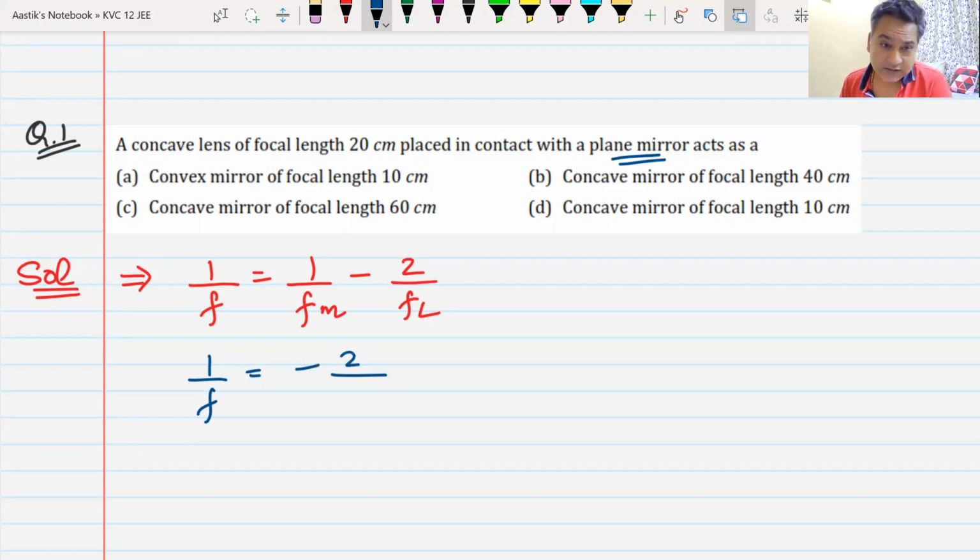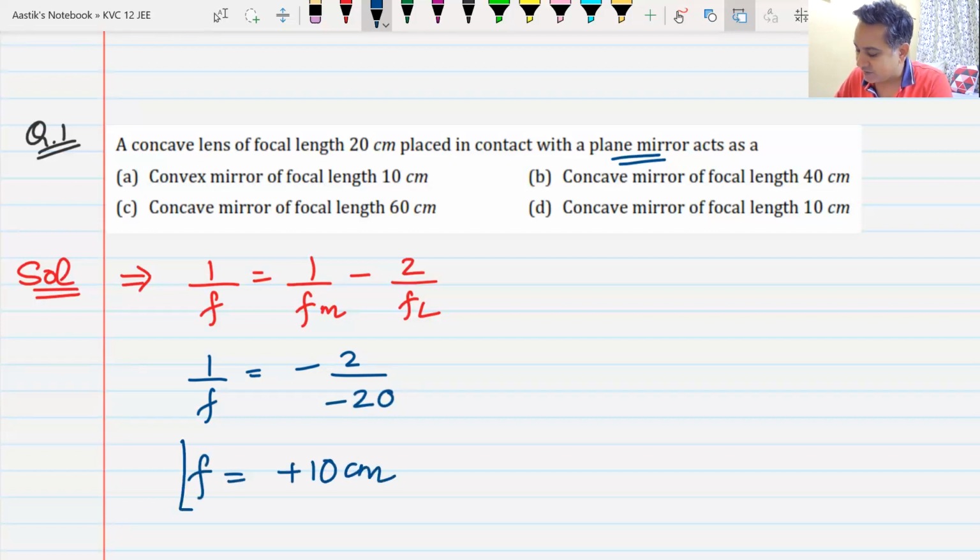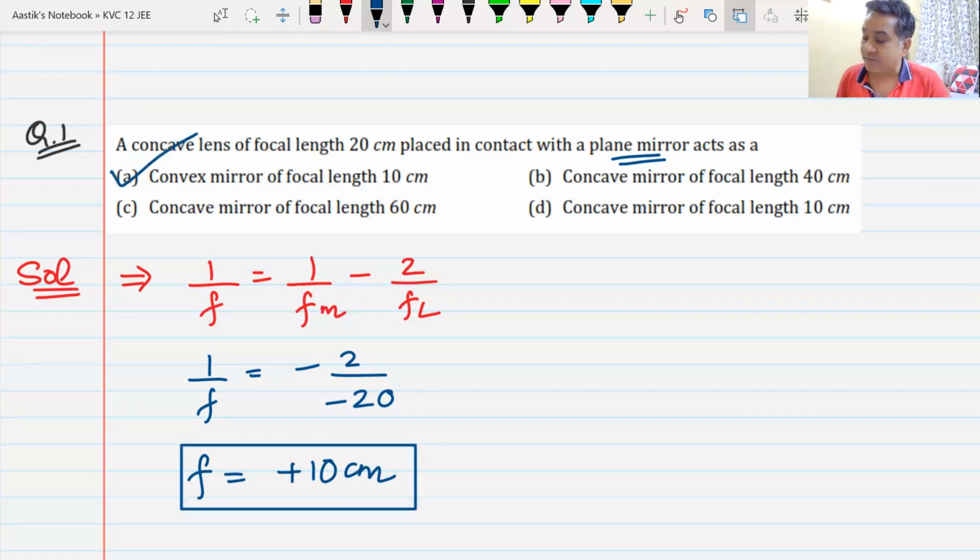Concave lens: does it have positive or negative focal length? It has negative focal length, yes or no? So the focal length becomes plus 10 centimeters. That means it will behave as a convex mirror of focal length 10 centimeters. We all understand this, yes or no?